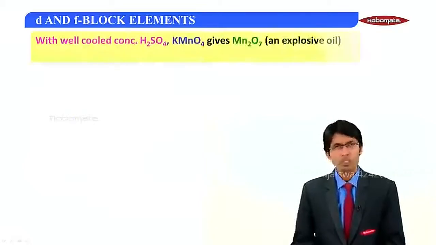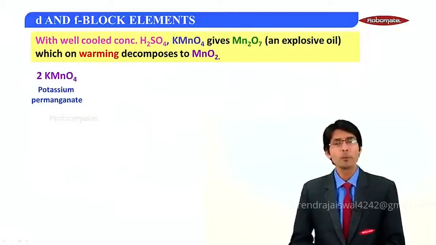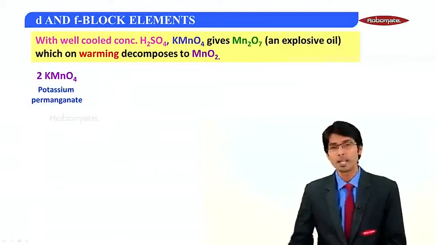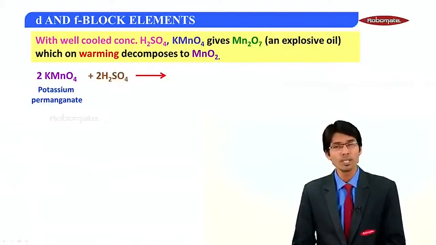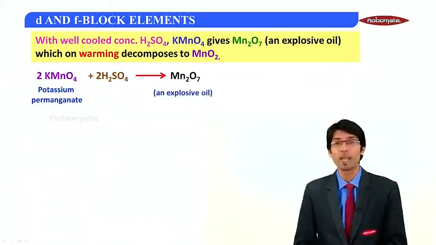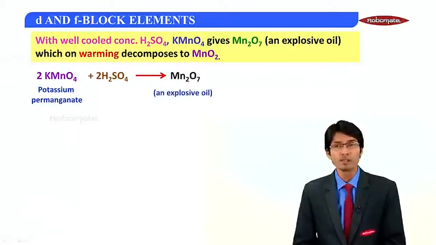Now to the next reaction, where potassium permanganate is allowed to react with concentrated H2SO4 under cold condition. The potassium, that is the alkali metal, forms bisulfate, and manganese forms Mn2O7, which is an oily explosive liquid.